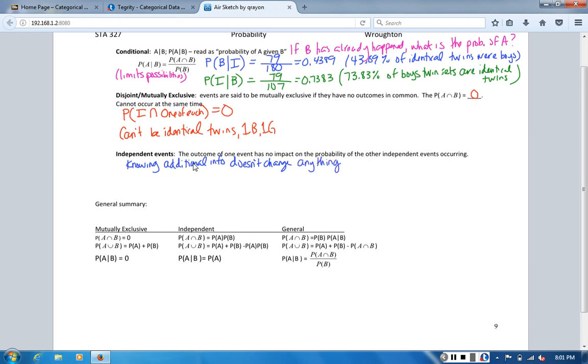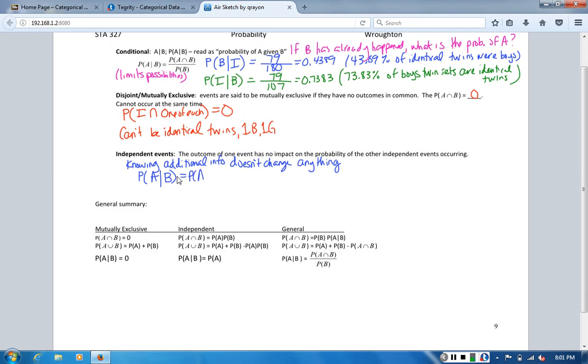That's what it would mean. So what that would mean for what we're looking for is if I were to calculate a conditional probability of A given B, knowing B would not have any effect on things. So if I know B had happened, it has no effect. That's what it's going to mean to be independent.